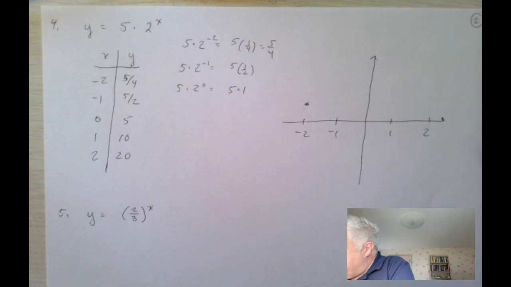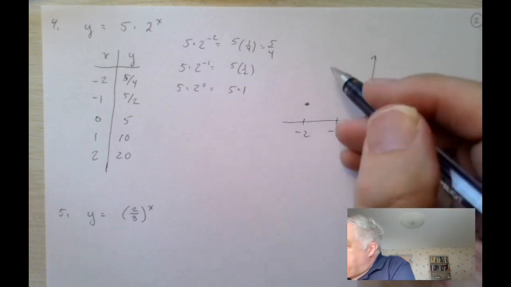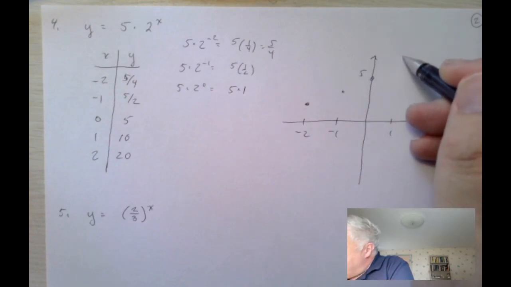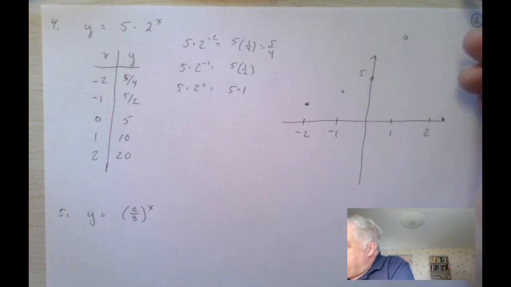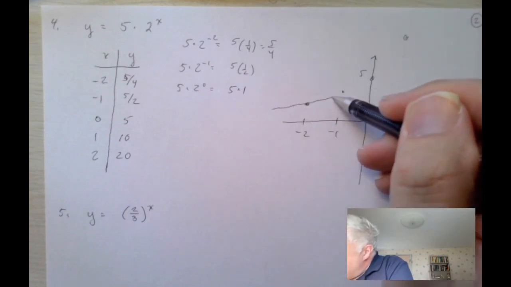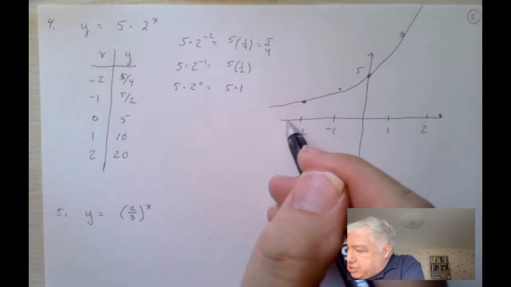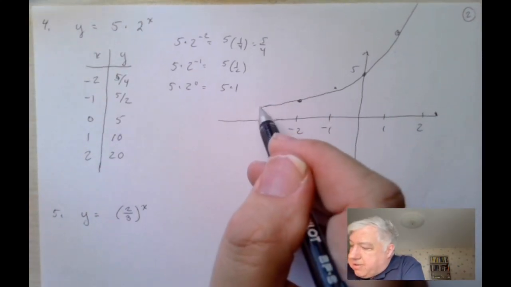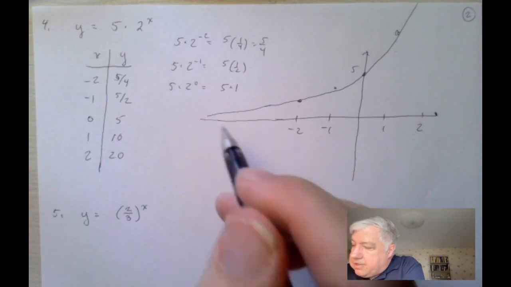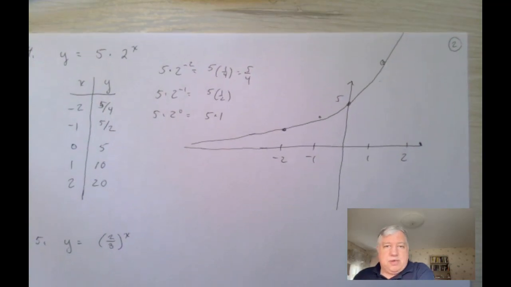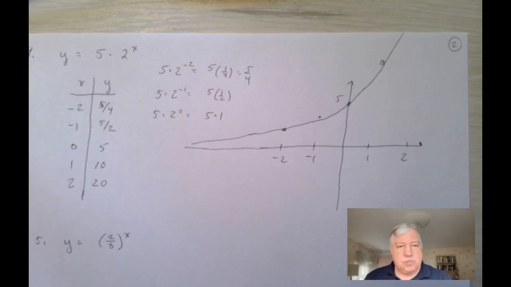Then 5/2, and then there's 5, and then 10, and 20 is way up here. We have something like that. I should say that it still continues to approach the x-axis on the left side, and it still stays above the x-axis. So this is still an increasing function. In fact, the slope is even steeper.